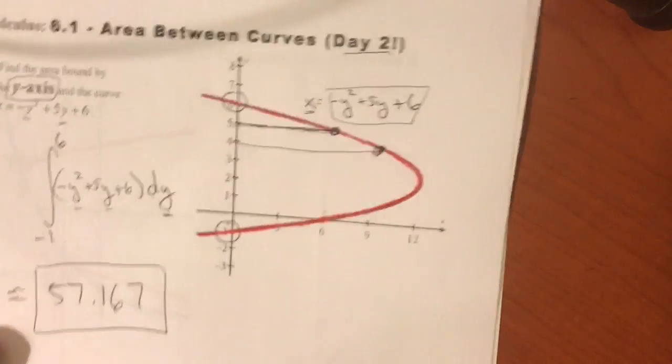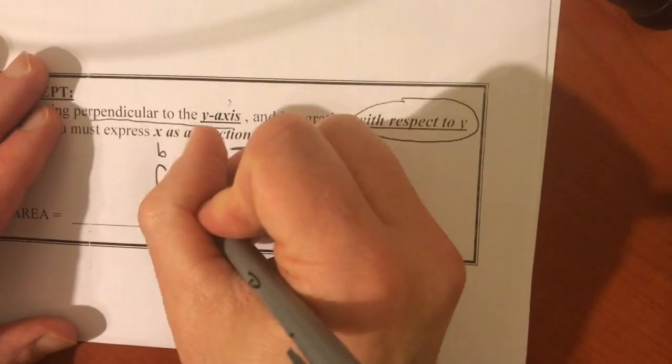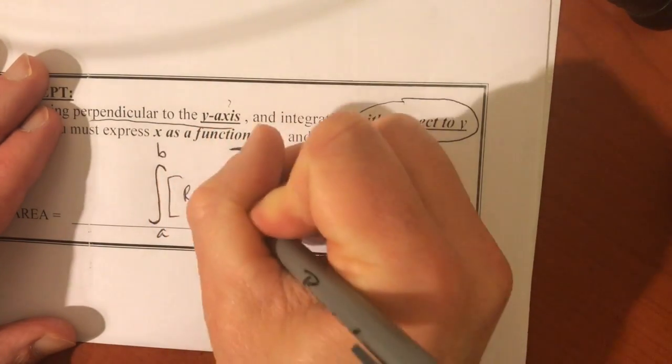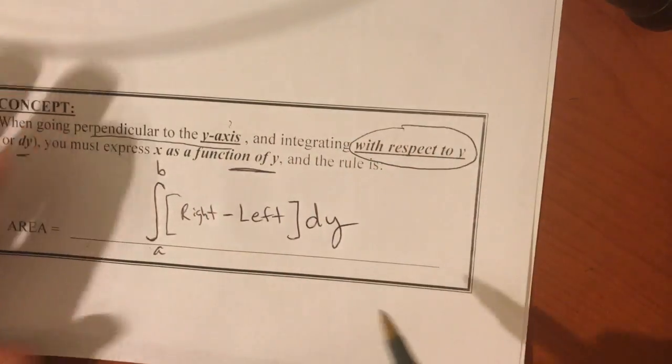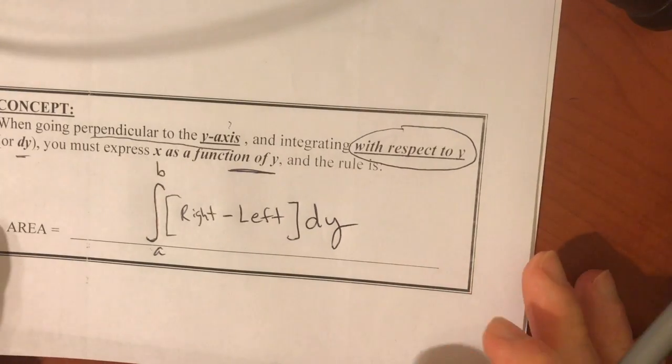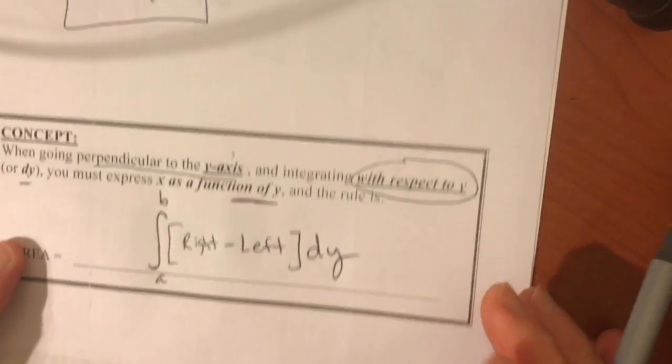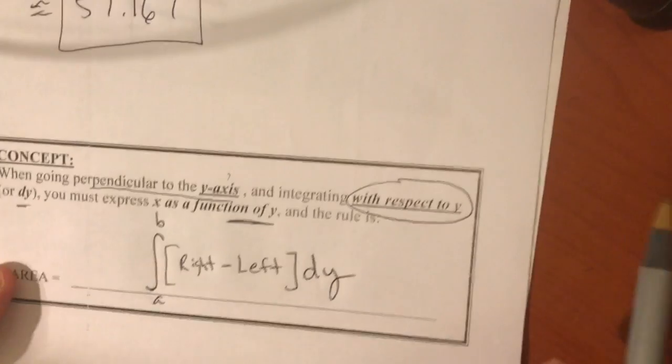Right minus left would give you that positive difference. This is the phrase I'm going to use a lot. Even in that case, the left boundary was 0, so it was just the curve itself.